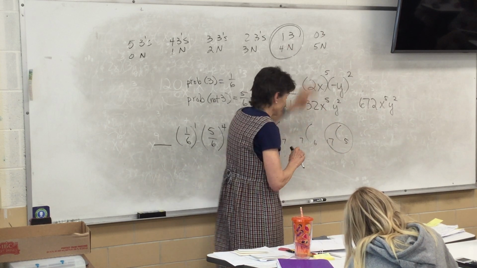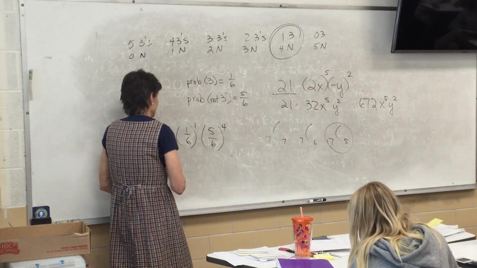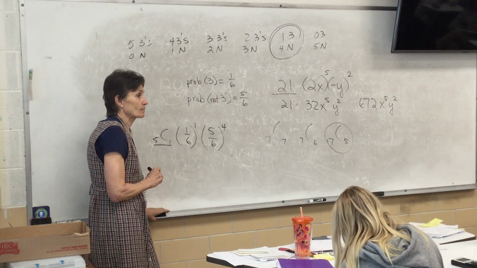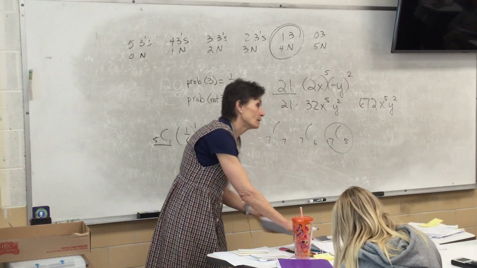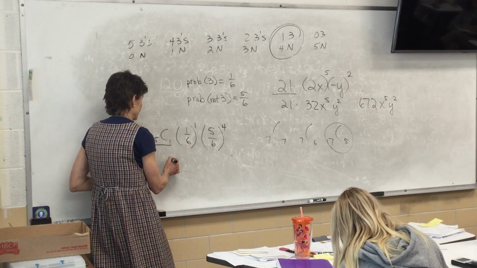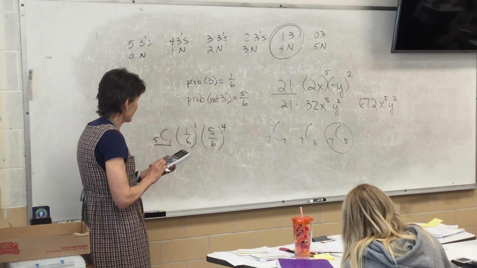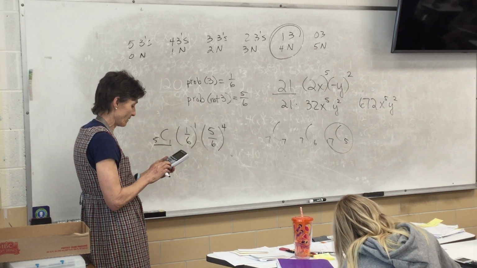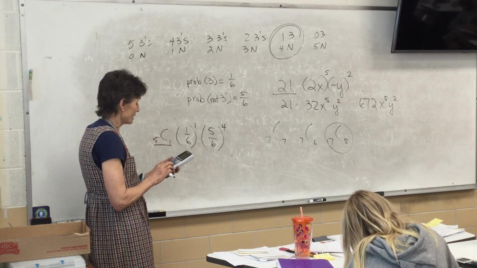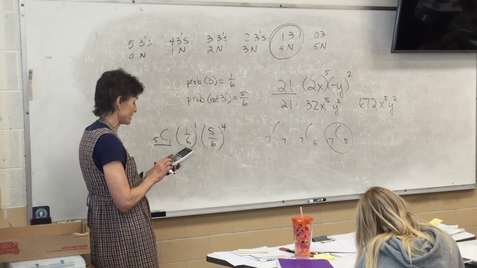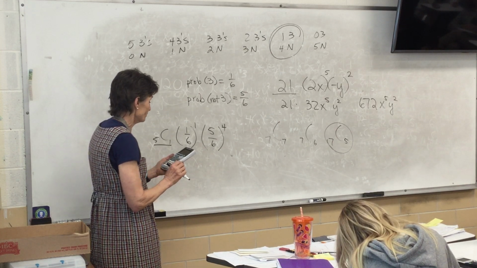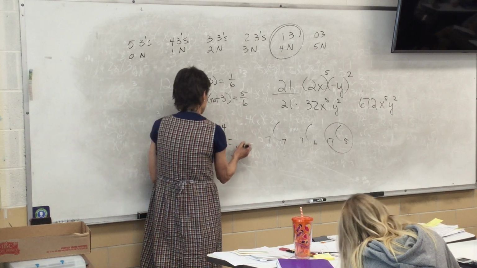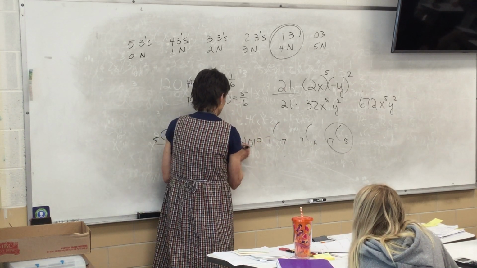It's 5C1. So now we just multiply it all together. 5C1 is 5. So we have 5 times 1 divided by 6 times parentheses 5 divided by 6 raised to the 4th. Did you get 0.4019?